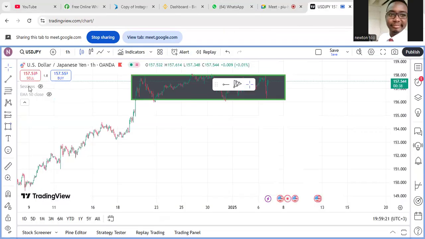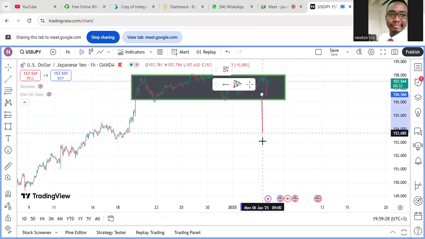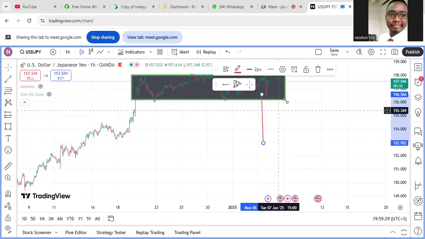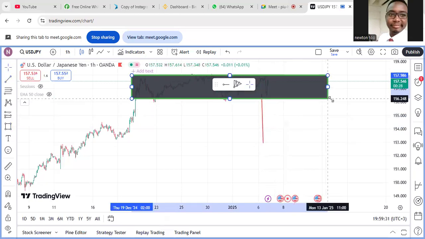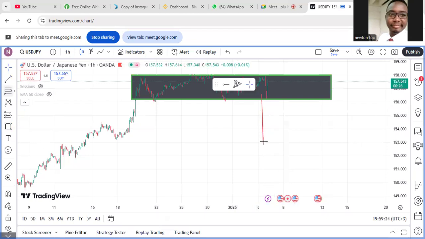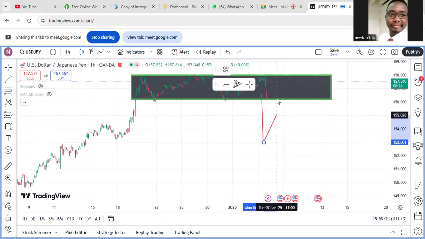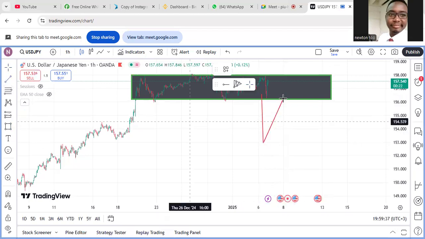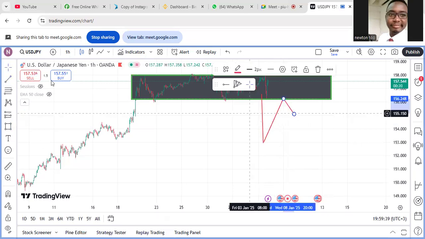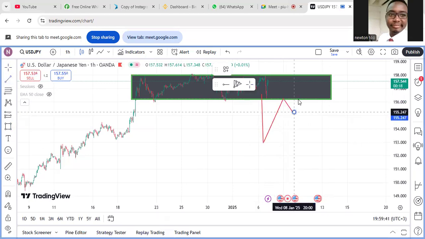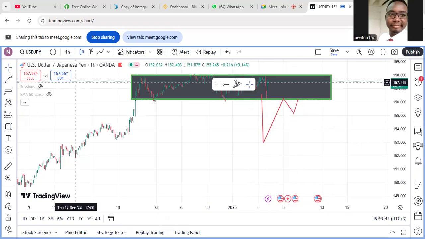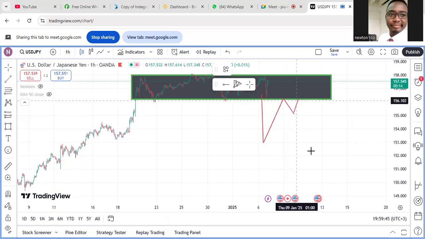If this market is going to break this region, some people will wait for the retest. Then on this retest, sometimes it might form an M pattern or just a plain M, then go down.